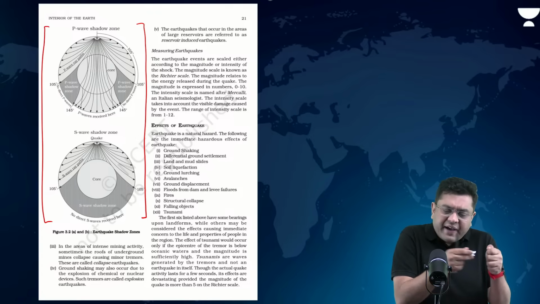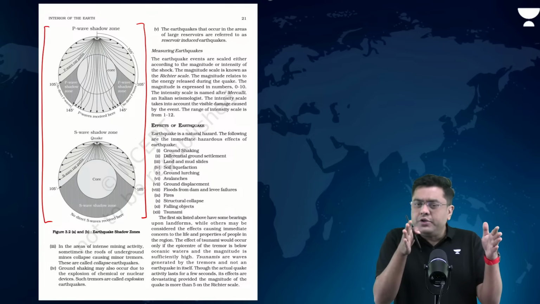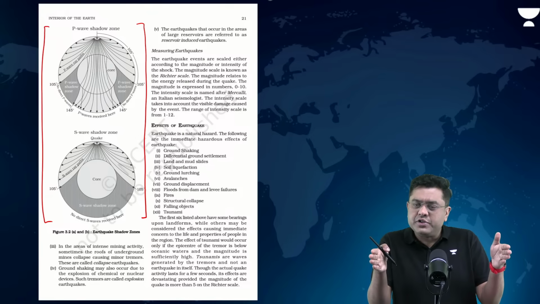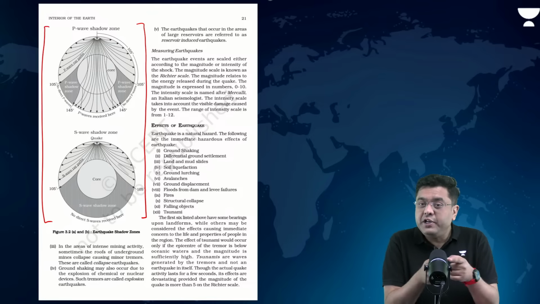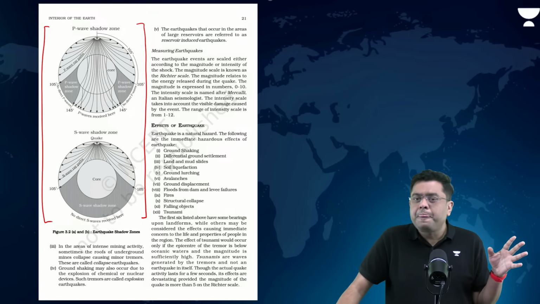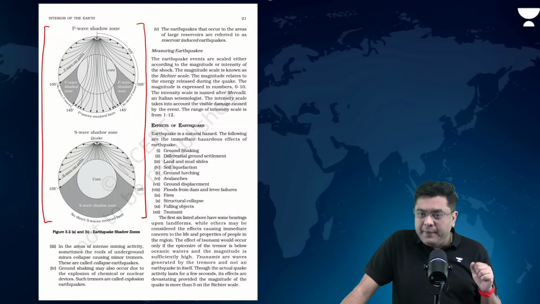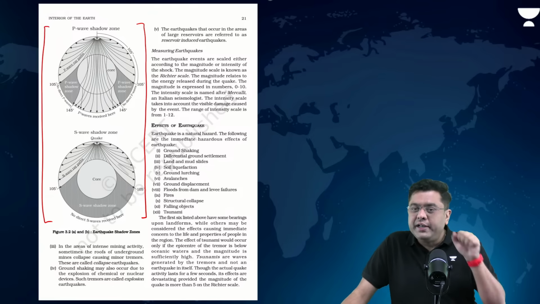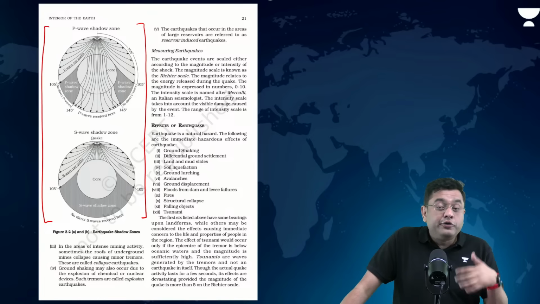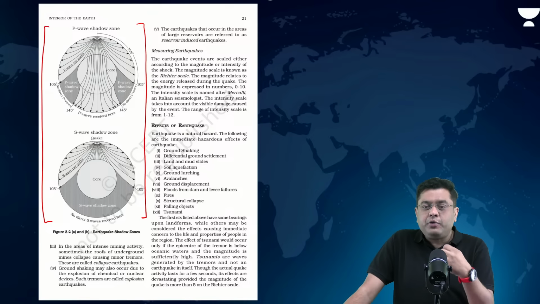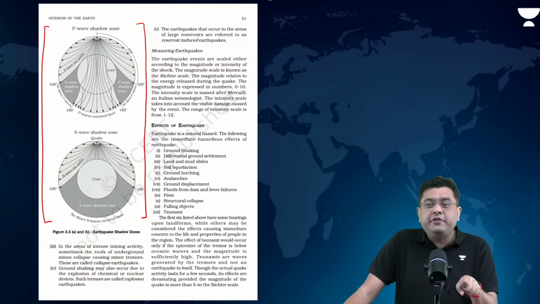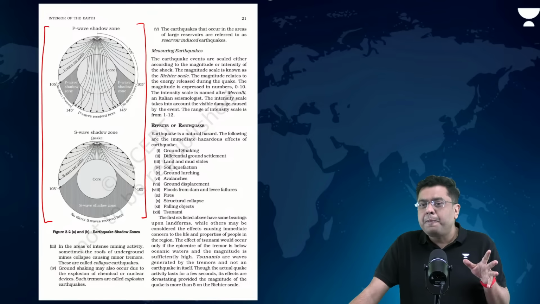Now, if the P wave has taken 10 minutes to reach this area, this distance, I know the density of the material through which it has traveled. If I know the property of S wave also, I calculate the time duration. I get to know the density of the material. So, like that, the P wave and the S waves give us an idea about what is present in the interior of planet Earth.